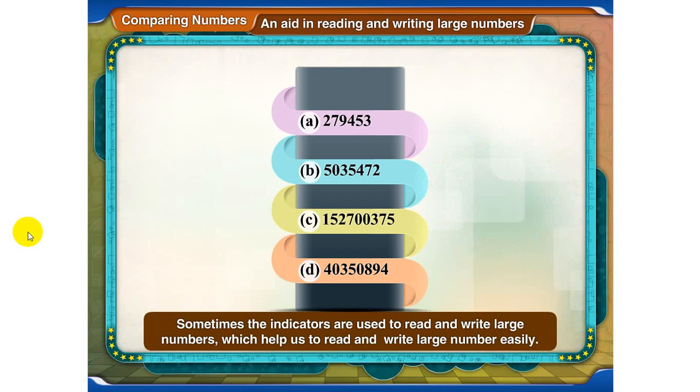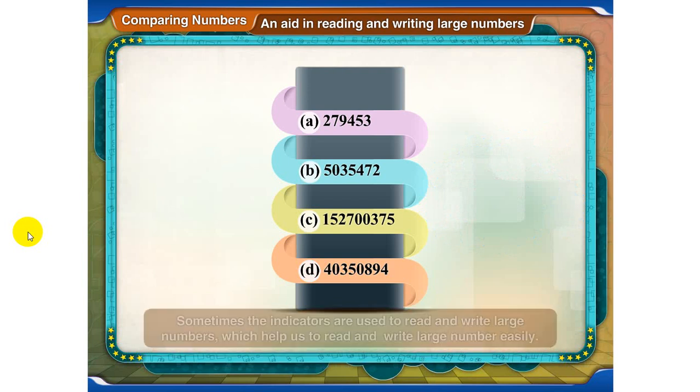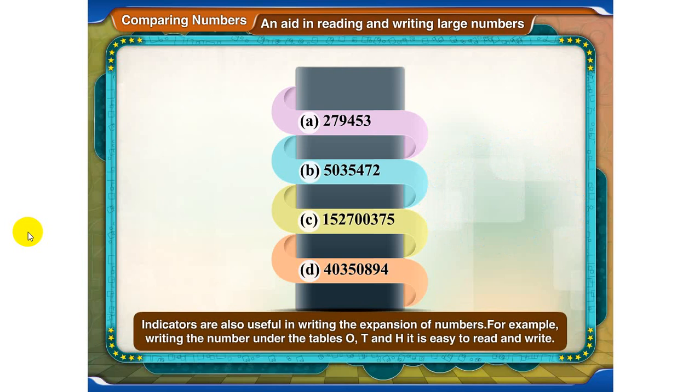Sometimes indicators are used to read and write large numbers, which help us to read and write large numbers easily. Indicators are also useful in writing the expansion of numbers. For example, writing the number under the tables O, T, and H, it is easy to read and write.